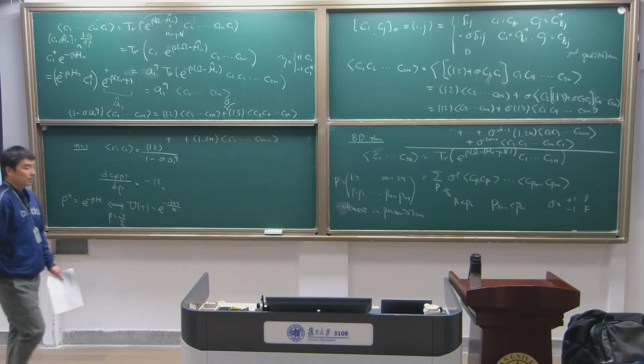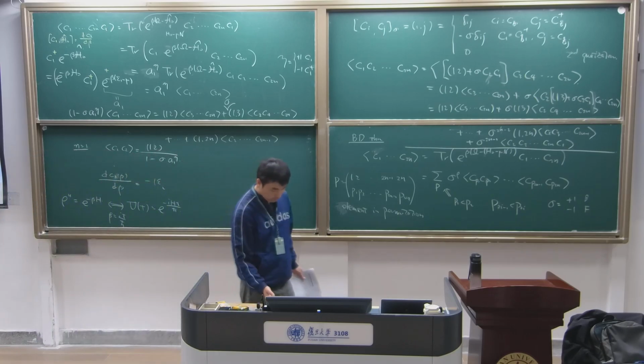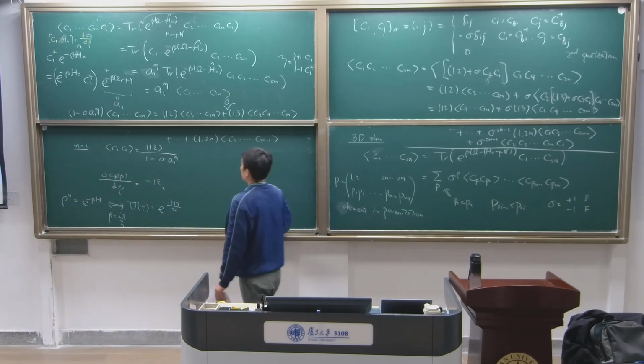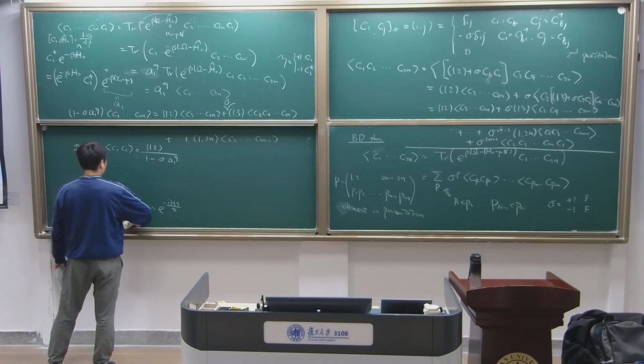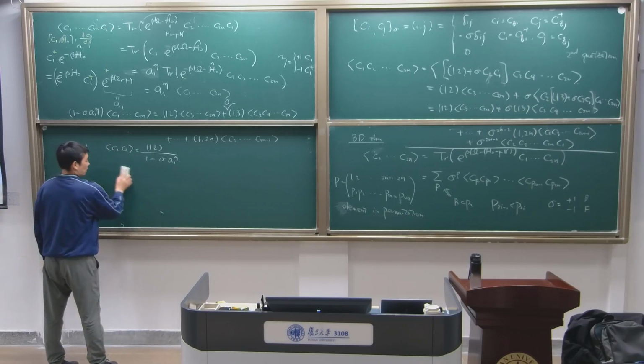So therefore, if you use this trick, we just keep plugging. It can be understood as a 2-point function.